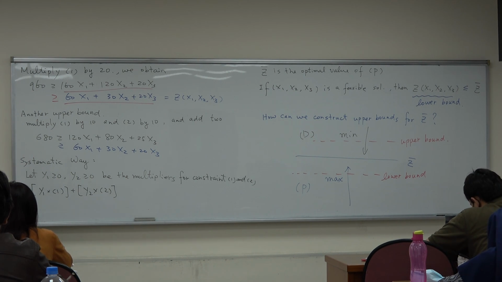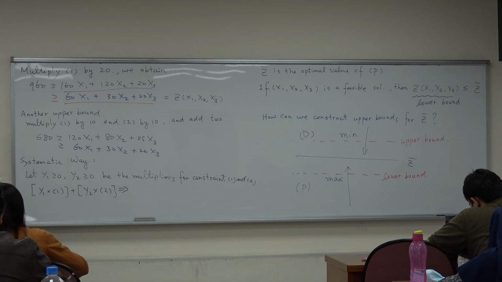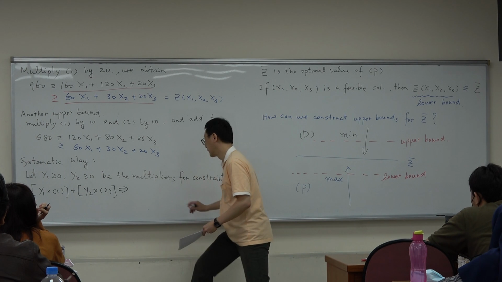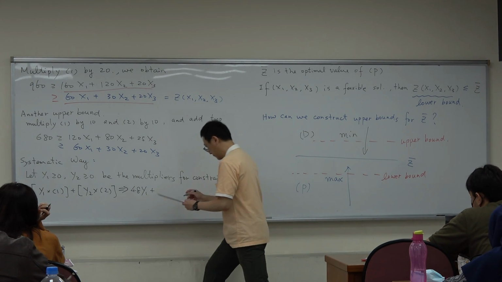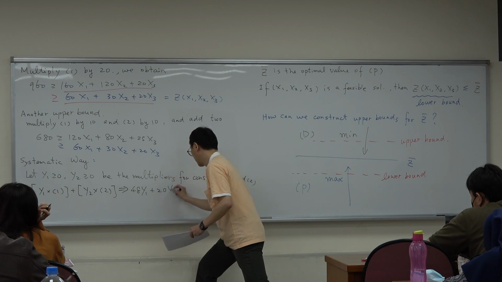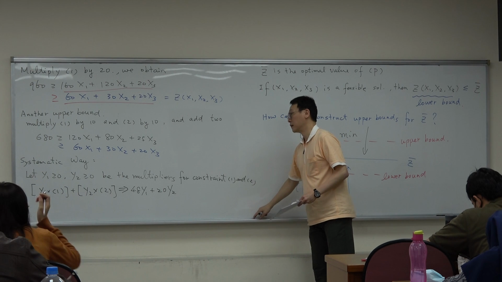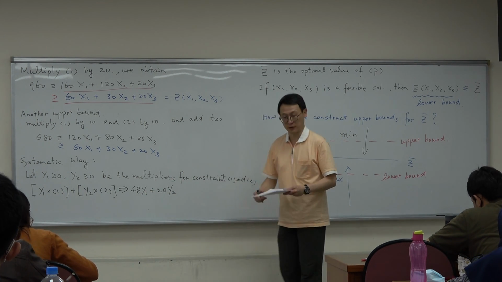So if we do that, we will find that the right hand side will become the right hand side of the first constraint and the right hand side of the second constraint.